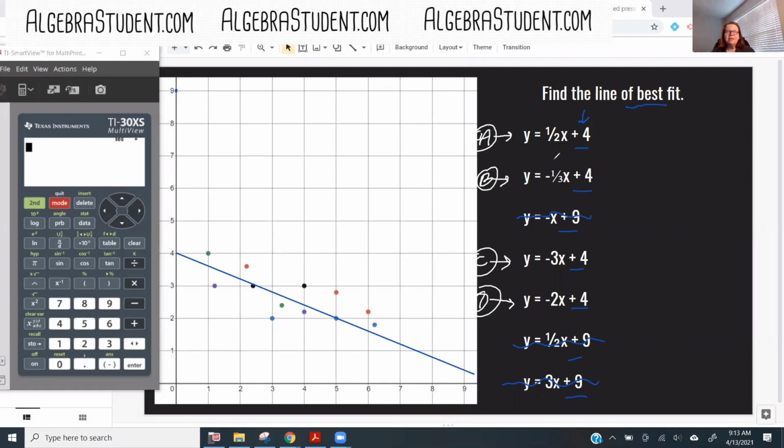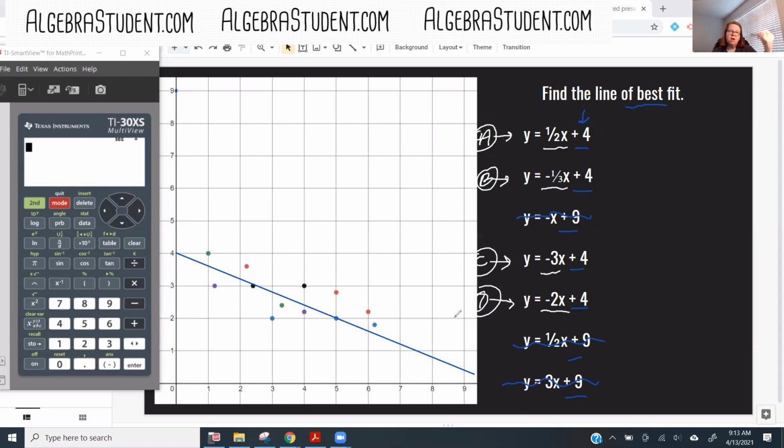Okay, and then when I look at the slopes, the numbers in front of x, I've got 1/2, -1/3, -3, and -2. We can narrow this down again. Think about what type of slope this is. In general, is this a positive or a negative slope?